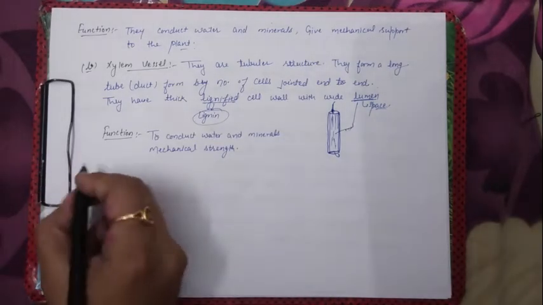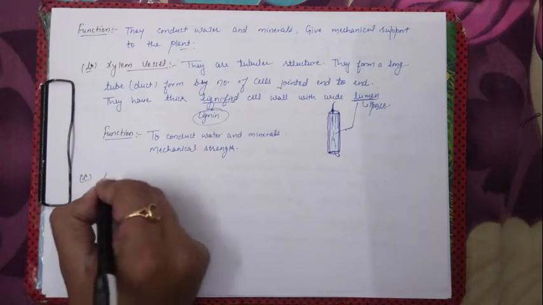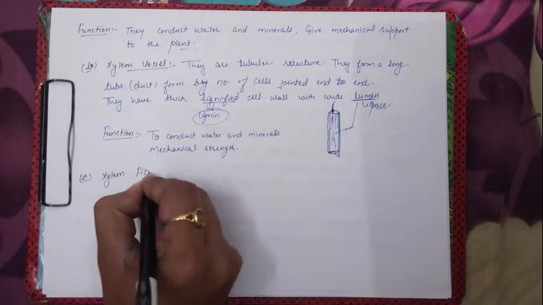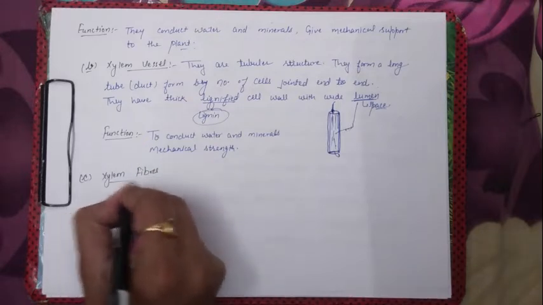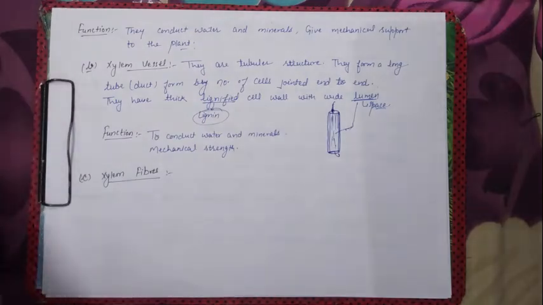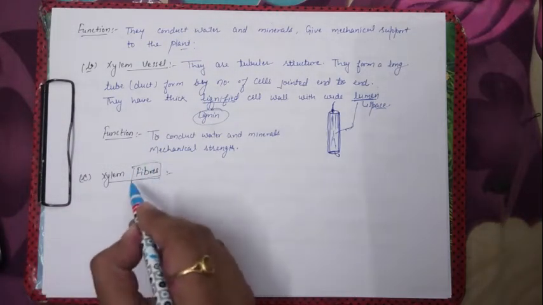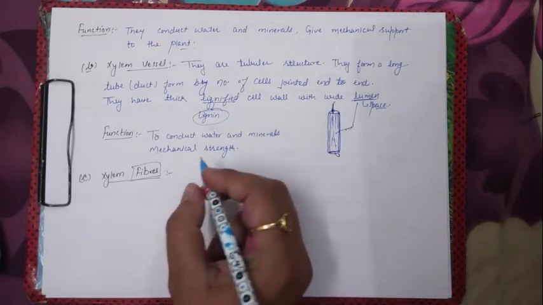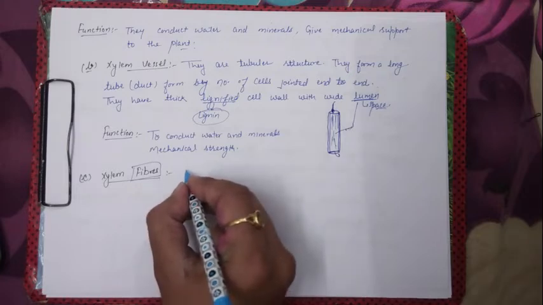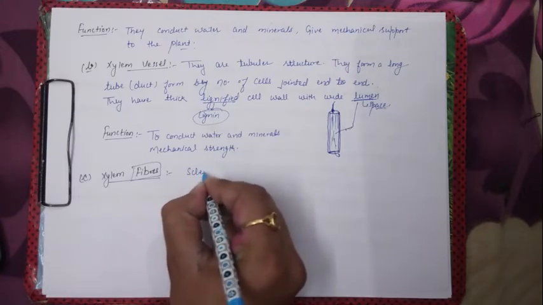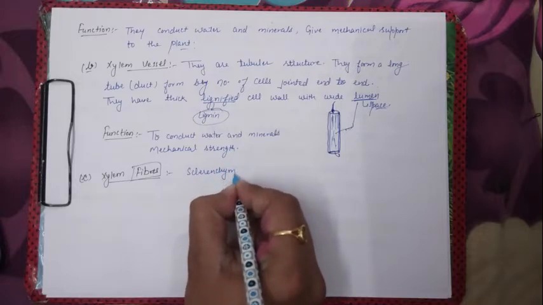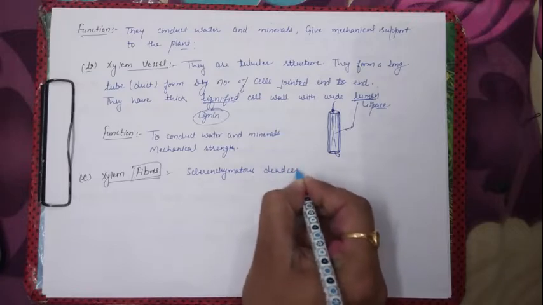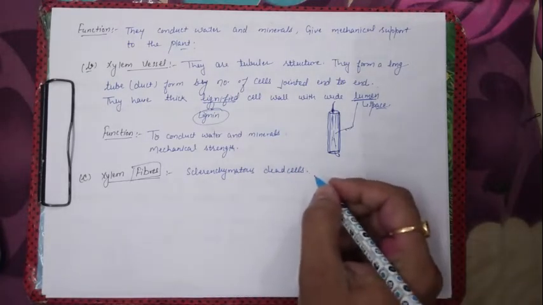The next one, part C, is xylem fibers. As the name suggests, fiber means a thread-like structure which works to bind with other tissues or cells. They are made up of sclerenchymatous dead cells.